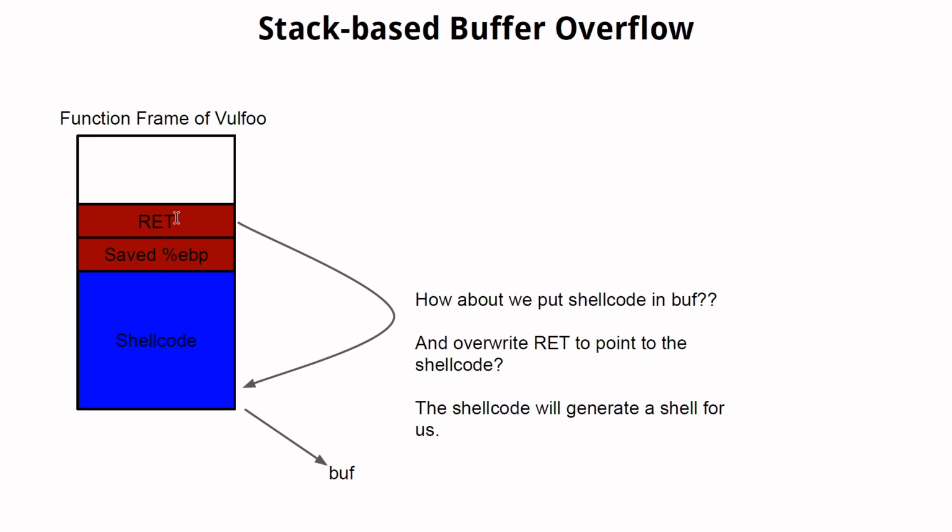It doesn't have to return a shell. It can do many other malicious things, and we'll call them shellcode. Shellcode is just several instructions, usually not very long, hundreds of instructions, most of them just 20 or 30 instructions, that's it.